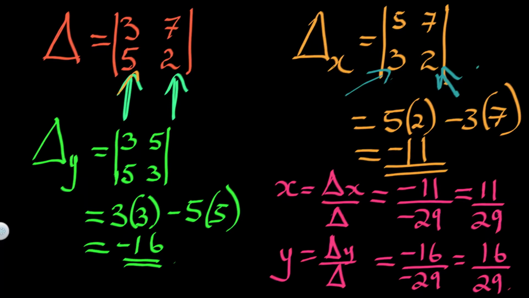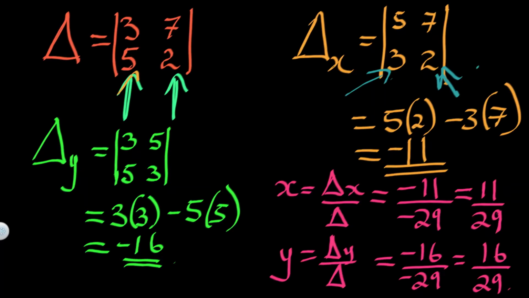Where is the challenge? The challenge is in getting these delta x and delta, delta y and delta. And if we have 3 equations, it means we're going to have a 3 by 3 determinant. So evaluating a 3 by 3 determinant is a bit different from how you evaluate a 2 by 2 determinant. However, the approach still remains the same.